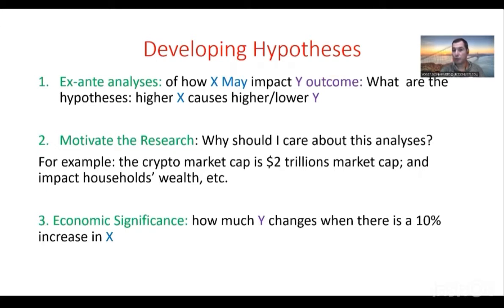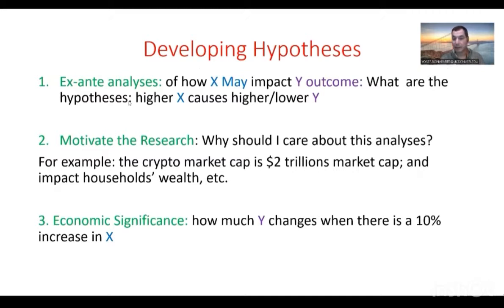After you find the research question, then you need to do something called developing a hypothesis. Developing a hypothesis means, how would you see it ex ante, before you start your analysis? What's your theory of how X may impact the Y outcome? What is the underlying mechanism or hypothesis that if X goes up, higher X causes higher or lower Y?